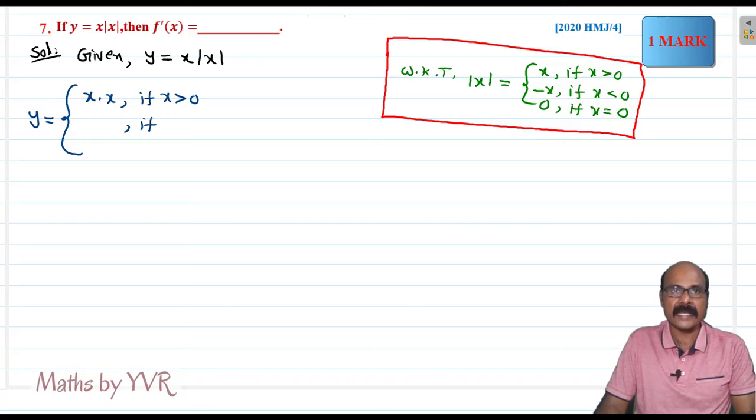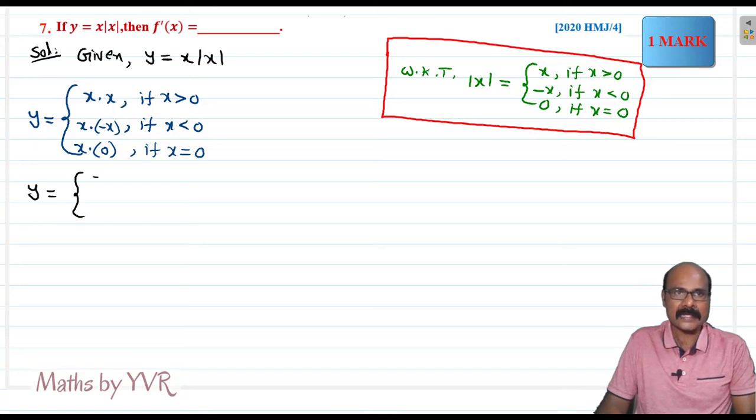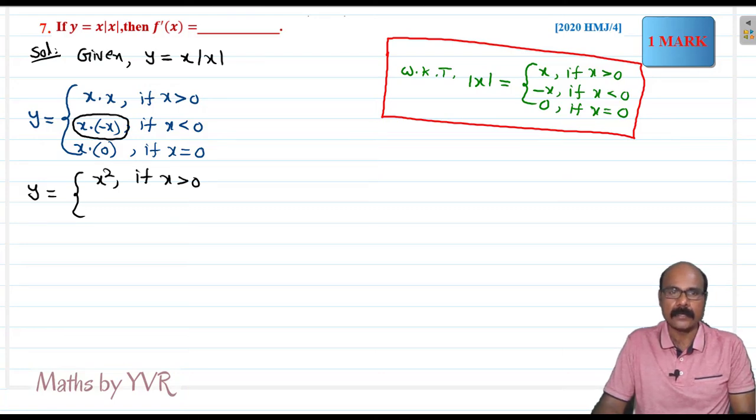If x is less than 0, then x into mod x is x into minus x, which is minus x squared.